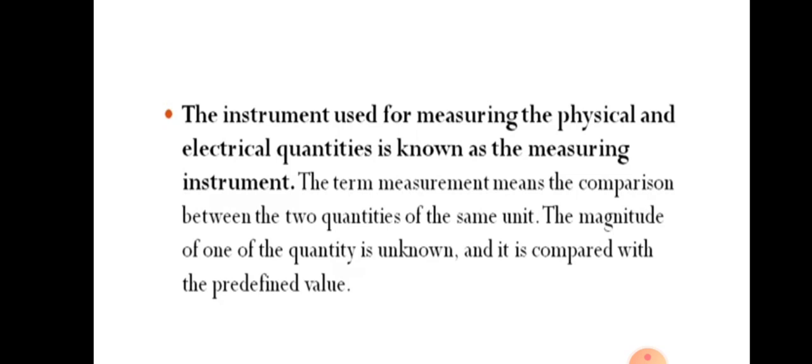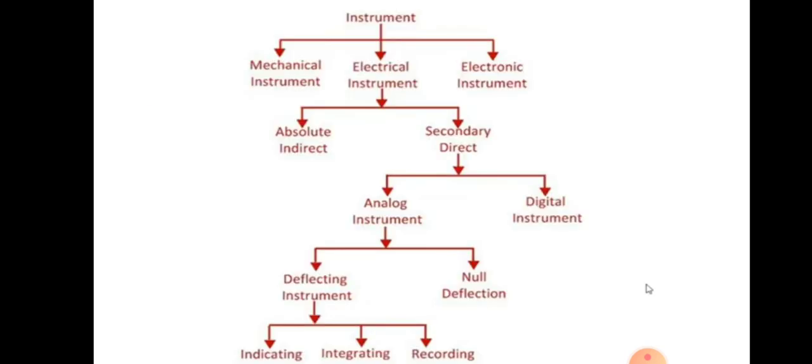Now moving ahead, we will see the classification of the instruments. Here we have shown a flow chart in which we can see how the instruments are classified. The first stage is that instruments are classified into three: mechanical instruments, electrical instruments and electronic instruments. Depending upon the requirement of the user, the instruments are classified into these three categories.